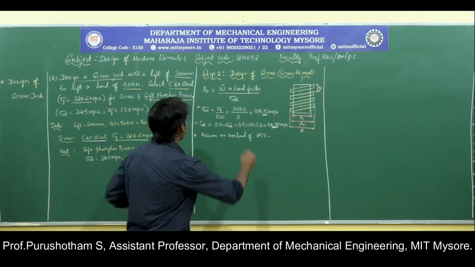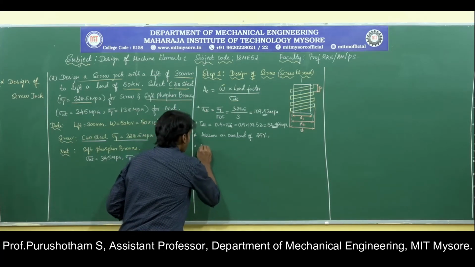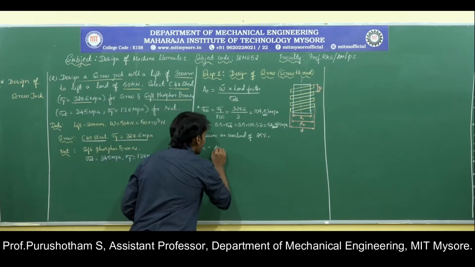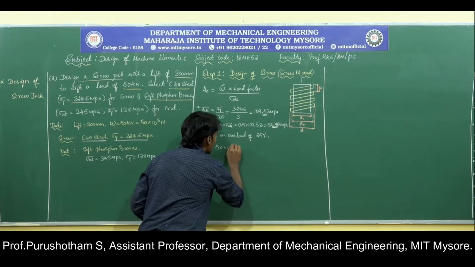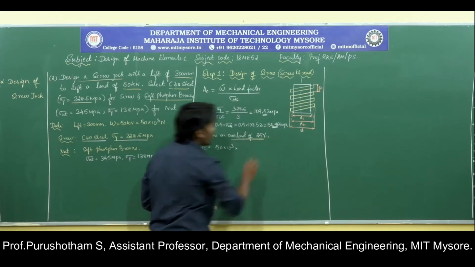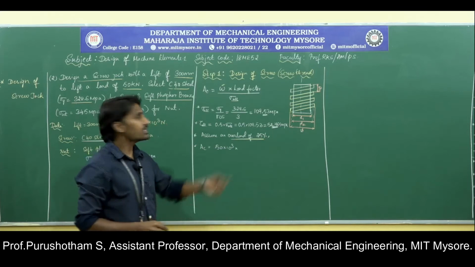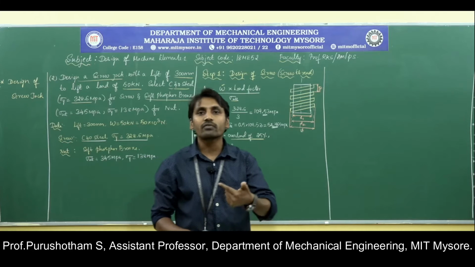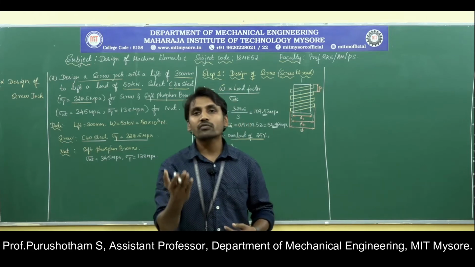So W is 50 kilonewton, 50 into 10 power 3. For the load factor we have taken an overload of 25%. That is, for the 50 which is 100%, we take an excess of 25%, total 125%.